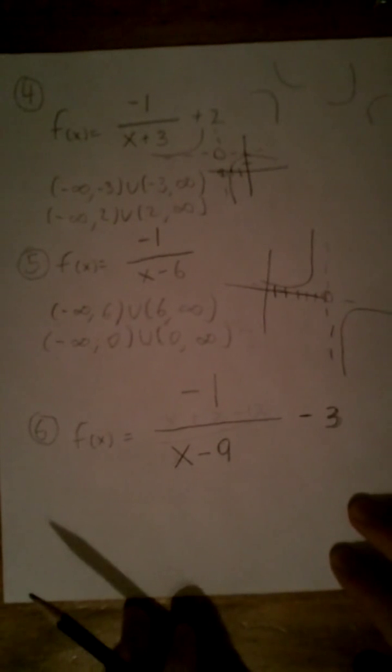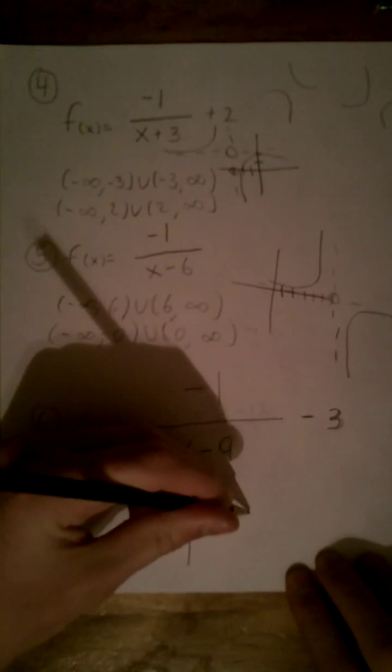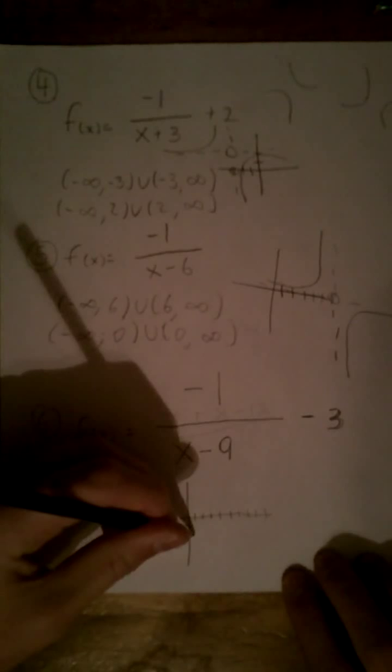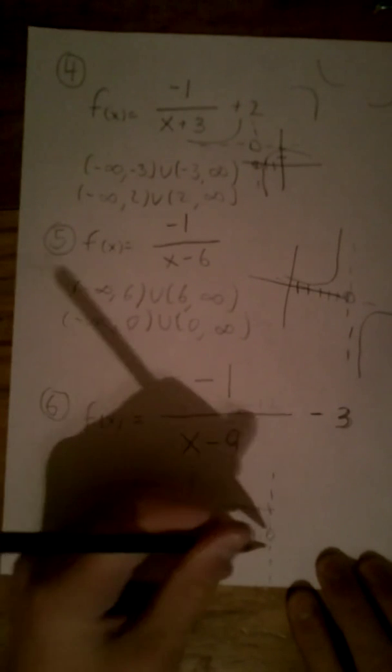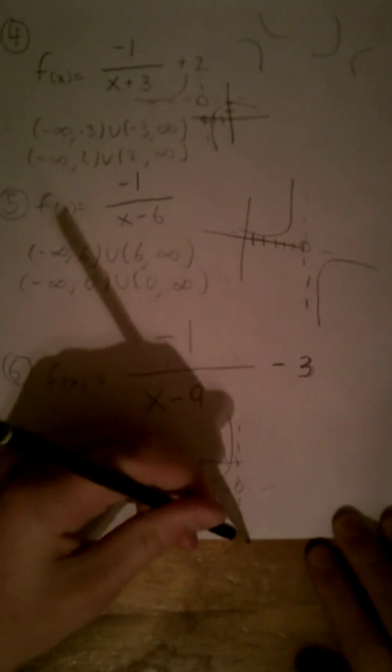All right, and then our last one we have here. We have again negative 1 and x minus 9, which means plus 9. So 1, 2, 3, 4, 5, 6, 7, 8, 9. Okay, and then we have minus 3, which means minus 3, 2, 3. Match that up. Invisible asymptote line. You see that? And then since it's a negative 1, it's going to look like that.